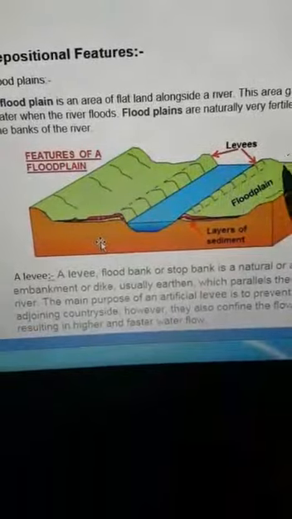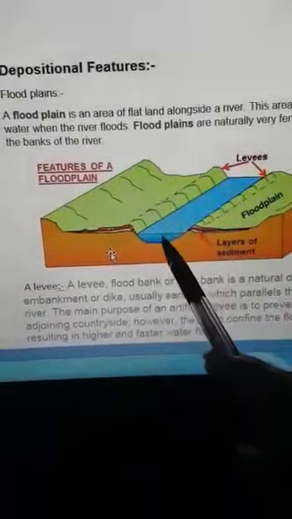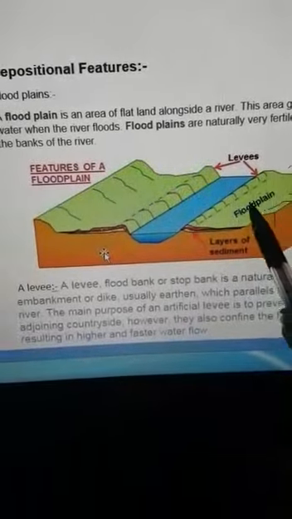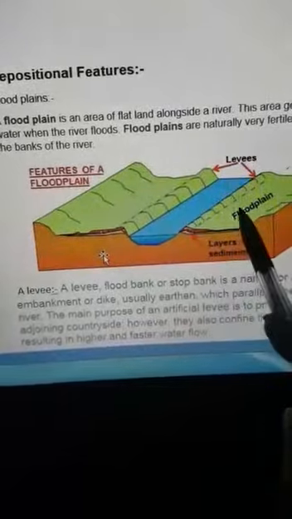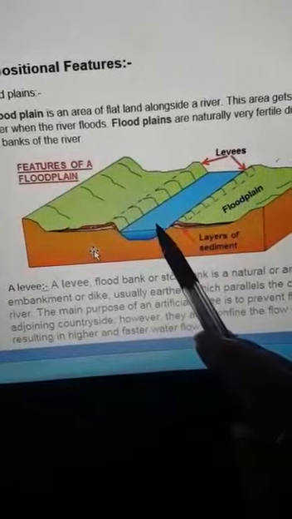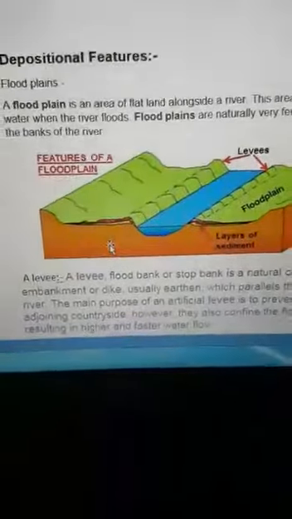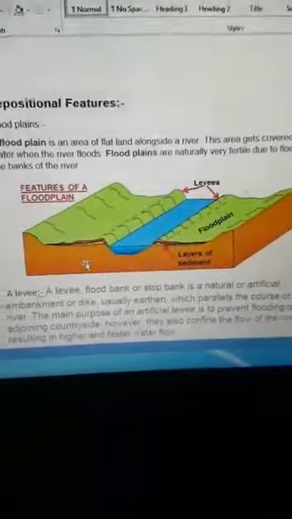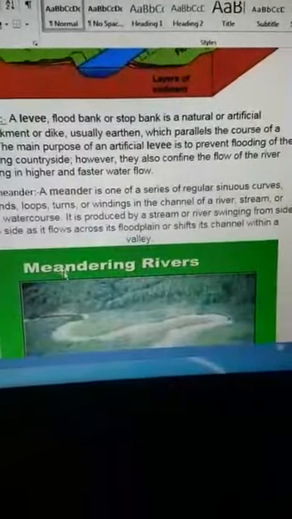Now the water tries to follow the natural route, parallel to the river. Then ultimately it comes and joins the river where the levee is not there. Clear? So this is the depositional feature, the levees.